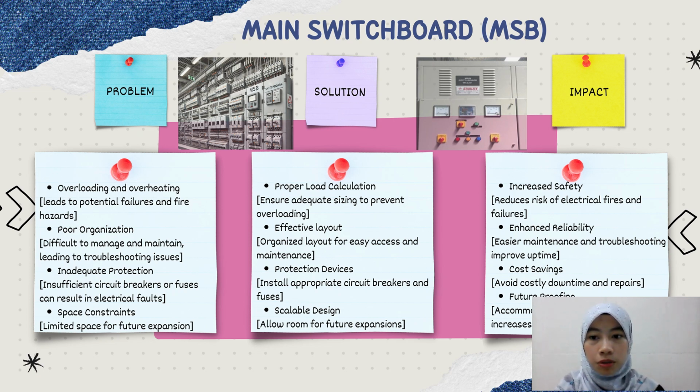The second problem is poor organization, which is difficult to manage and maintain, leading to troubleshooting issues. The third is inadequate protection, where insufficient circuit breakers or fuses can result in electrical faults. And lastly, space constraints limit the potential for future expansion.